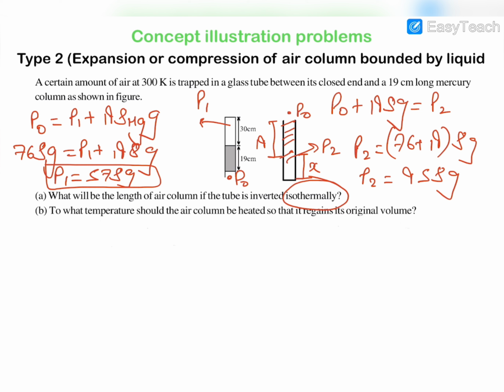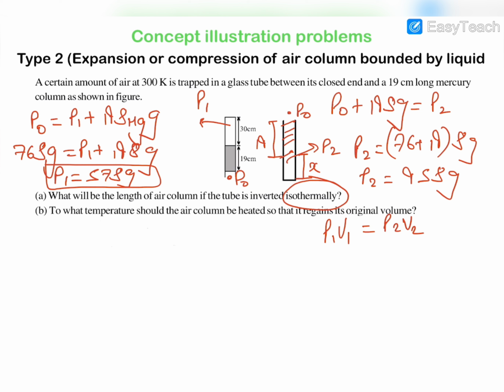Now you can see that this air column is being compressed by mercury. So this compression is an isothermal process, and we will use the characteristic equation of isothermal process, which is P1 V1 equal to P2 V2. You should always remember that P1 V1 is the initial pressure and volume of this column, and P2 V2 is the final pressure and volume.